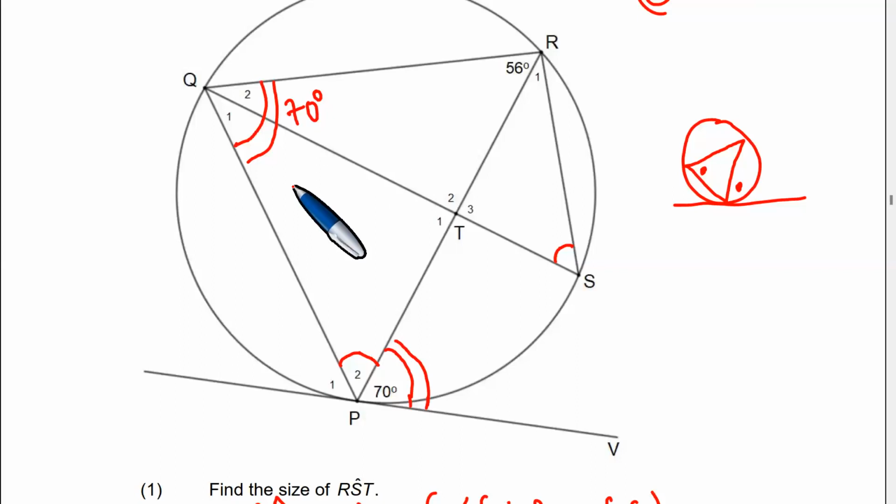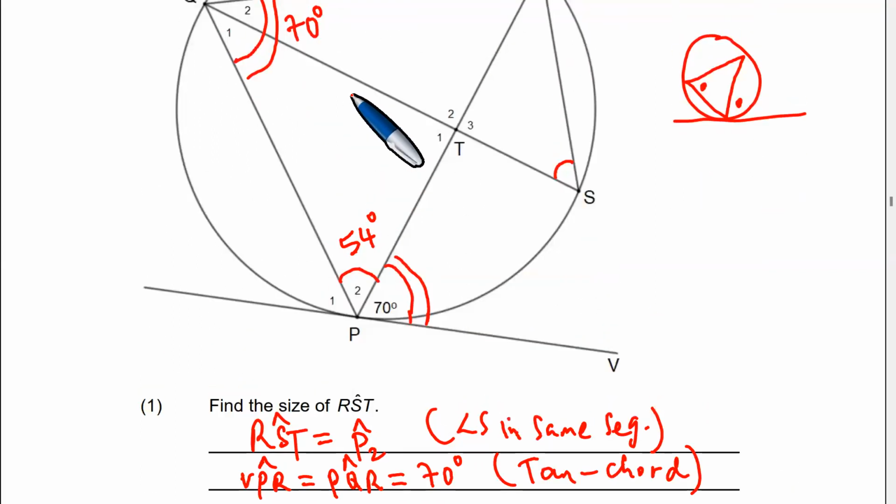So I can say 180 minus that. In other words, we want these two to be 110, so it must be 54 degrees. If you look very carefully, we require that this one is 54 degrees because 50 plus 50 is 100, 10 plus 6 is 16, so 110, and 110 plus 70 is 180.